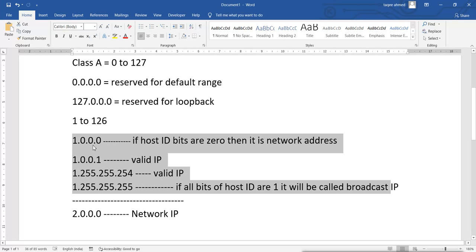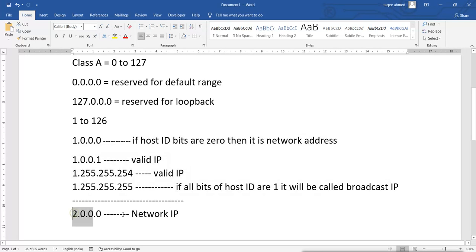So how many IPs are there in this class A network, and how many networks do we have? This is one network, then the second network is starting here, then the third network, then the fourth network. If you want to see how many networks you have, it is from 1 to 126.